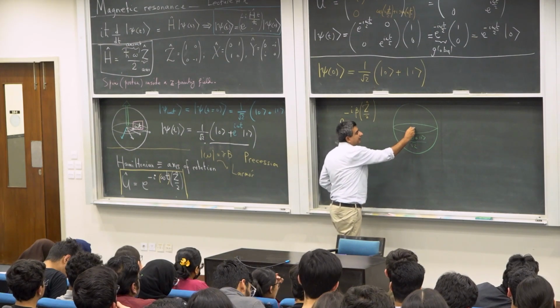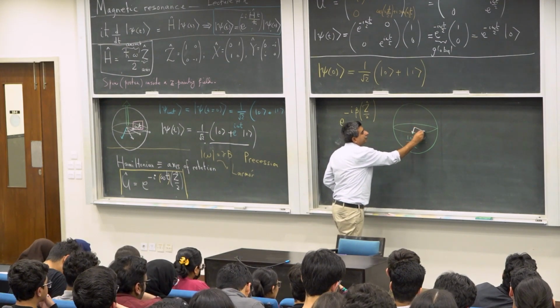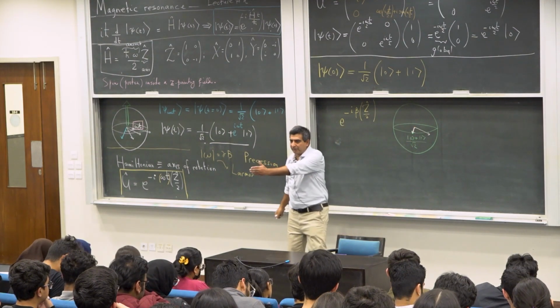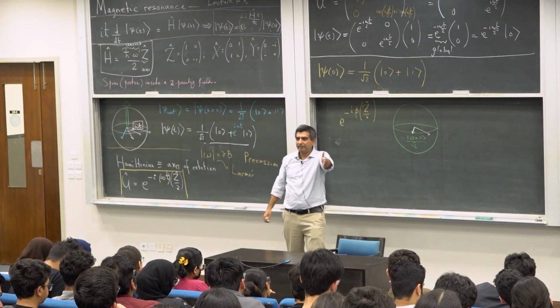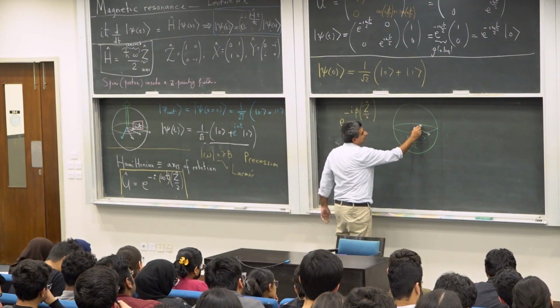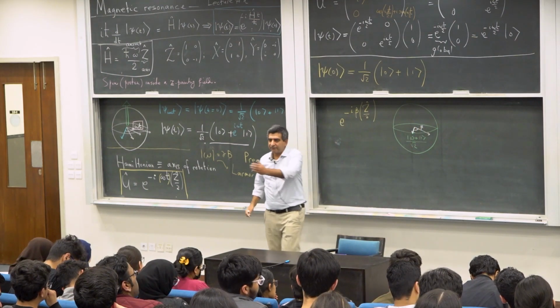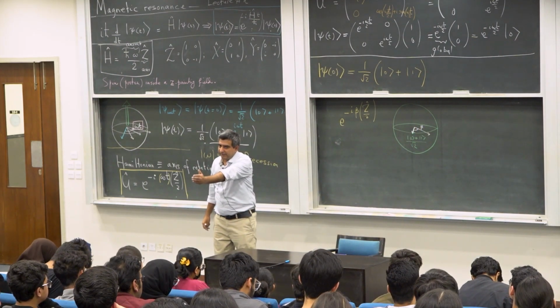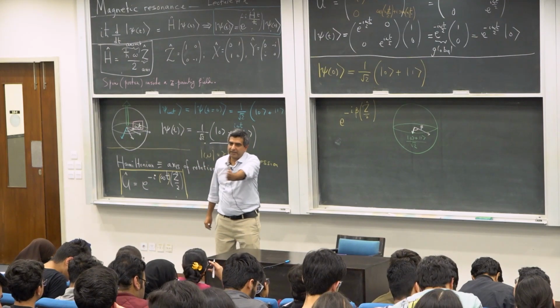This quantum state here is going to rotate through an angle. How much is that angle? Beta. So after time t, this quantum state is going to change through an angle beta.